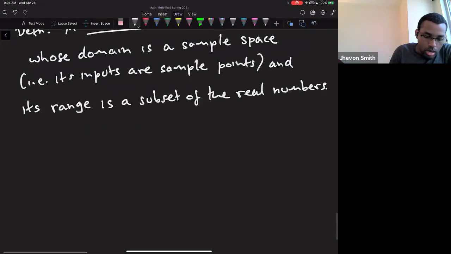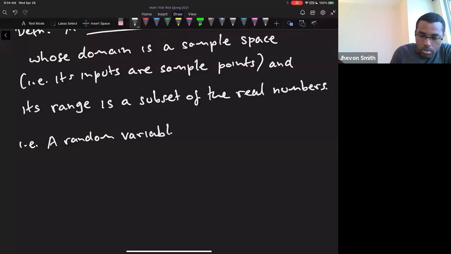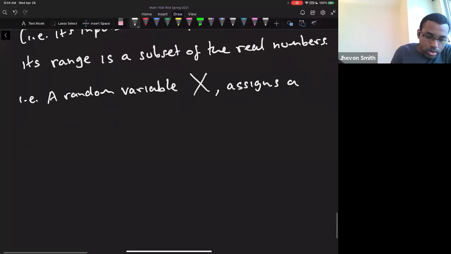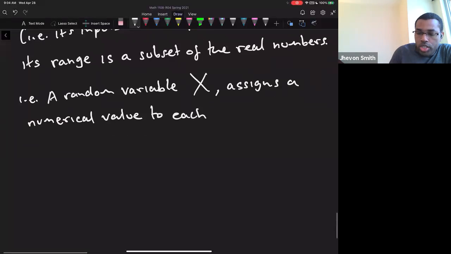So i.e. a random variable, which we usually call them uppercase letters, a random variable X assigns a numerical value to each possible outcome.